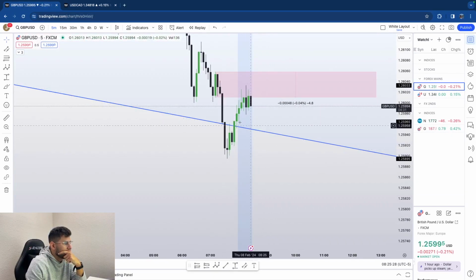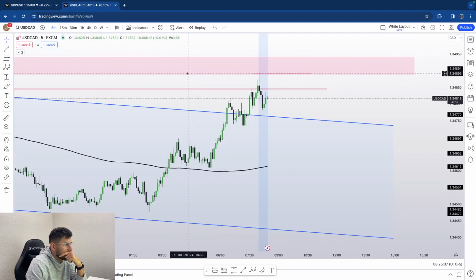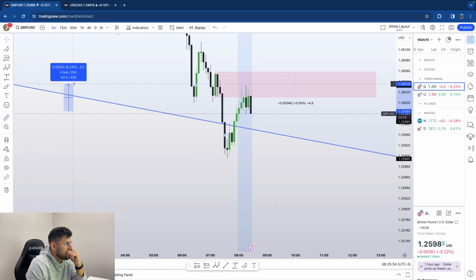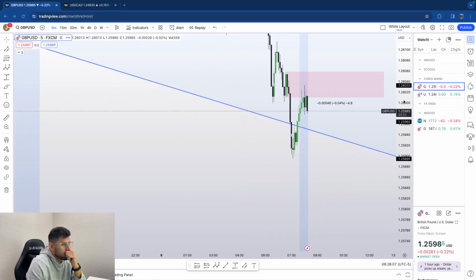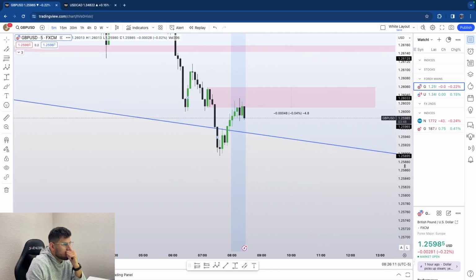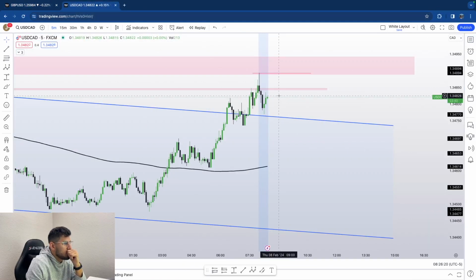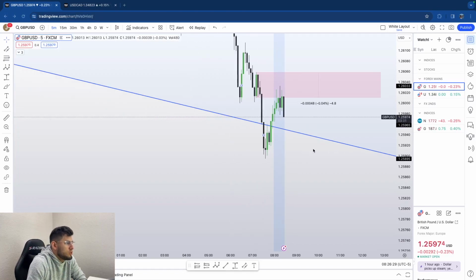You might respect the zone. Okay. Look at GU going.